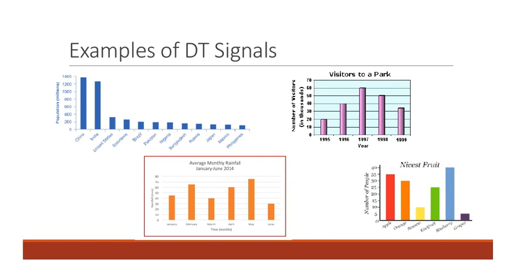Here is another example: visitors visiting a particular park. It's not possible for us to keep the measurement for all instants of time. If I'm measuring it over a period of a year, it's a completely impossible task, and it's neither required.